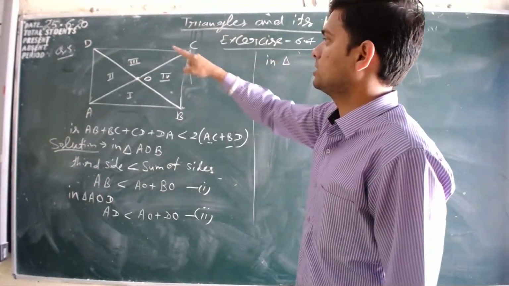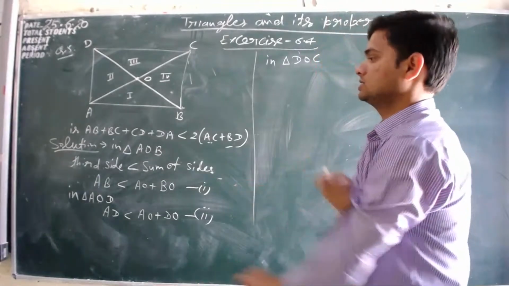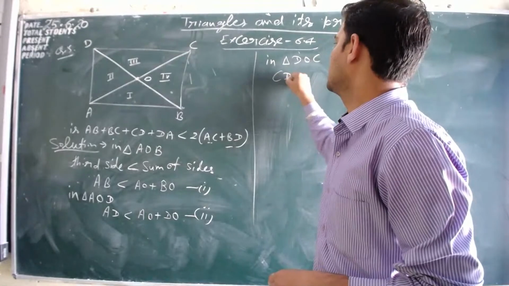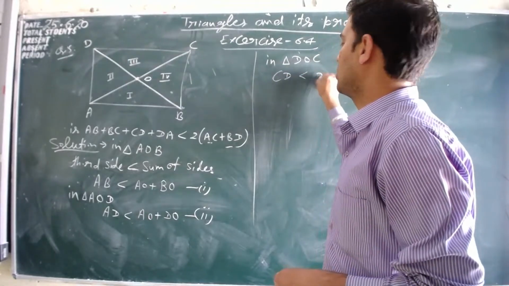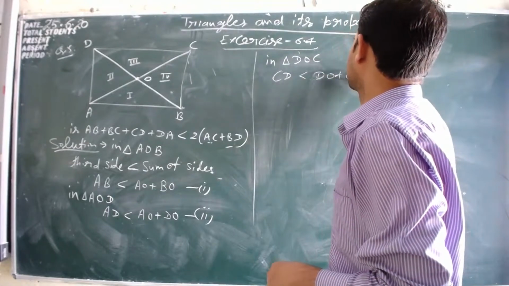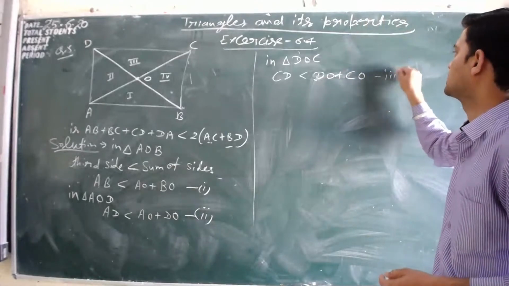In triangle DOC, the third side CD is less than OD plus OC, that's your third inequality.